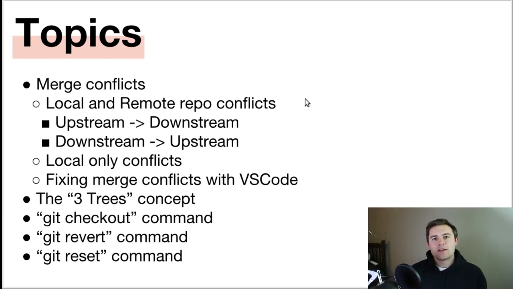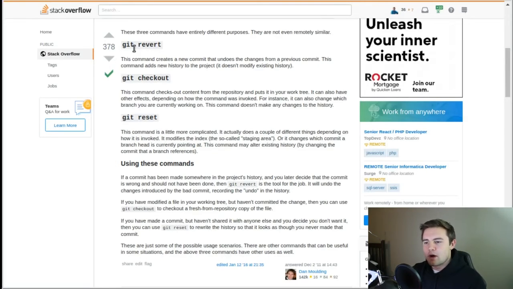The next couple commands that we're talking about, the Git Checkout, Git Revert, and Git Reset commands, they all have something to do with moving around in your repository and editing the current state of it. Now, these commands are very similar, and we'll come to the Stack Overflow post that I stumbled upon that I think explains it pretty well.